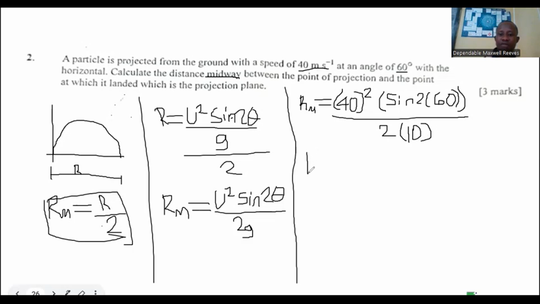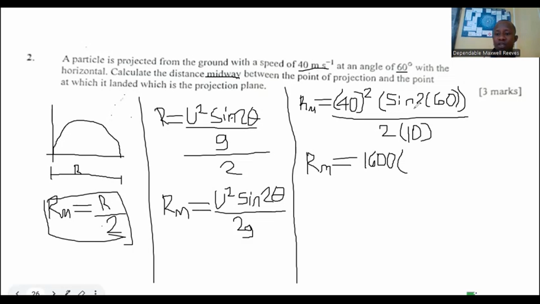So now we have the range midway: 40 times 40 gives us 1,600, multiplied by sin of 2 times 60, which is 120.